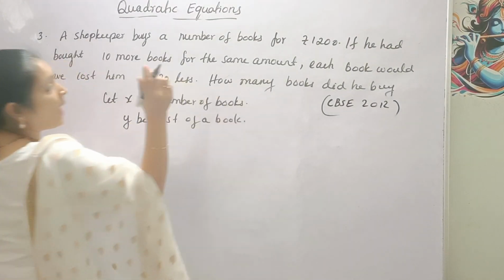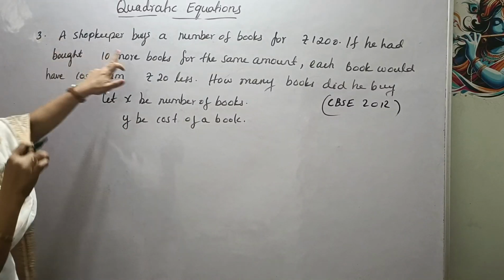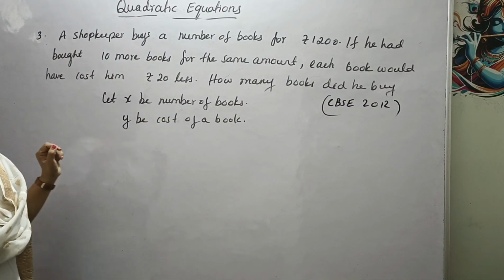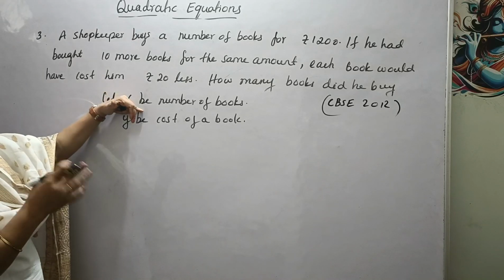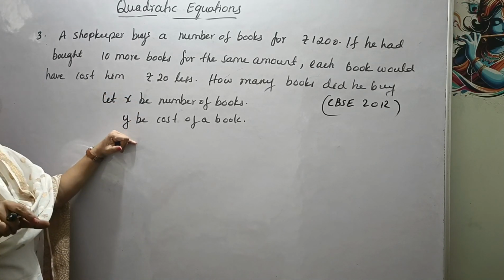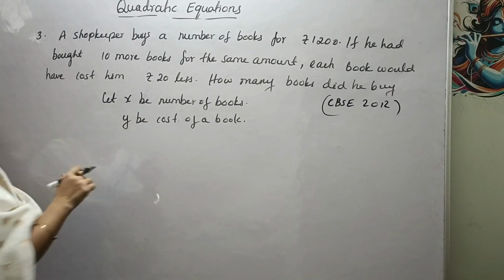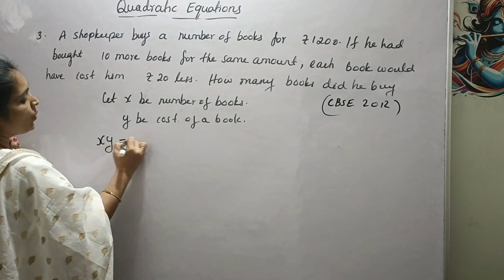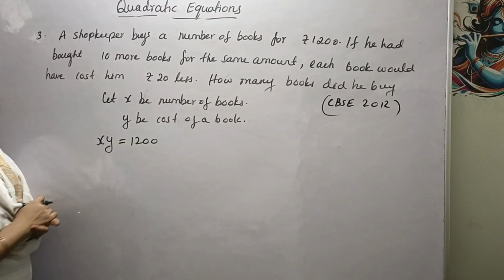Okay. Then, it is given he buys a number of books for rupees 1200. That means how many books? x number of books, and for each book y rupees. Okay, y rupees per book. Therefore, we can write x into y is equal to 1200.